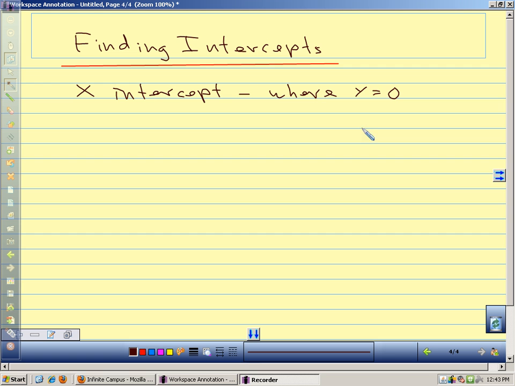To find the x-intercept, we plug in y equals 0 and solve for x. The x-intercept tells us where the graph crosses the x-axis.